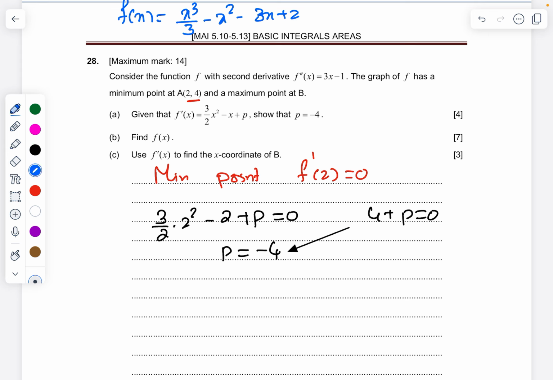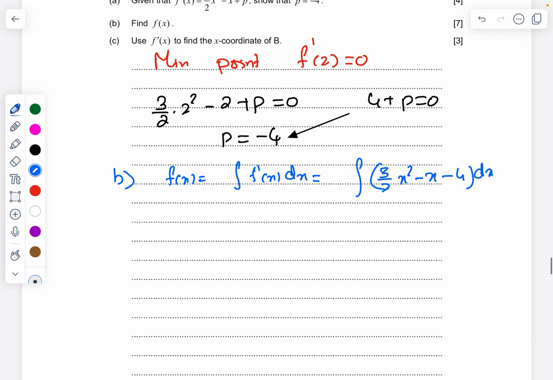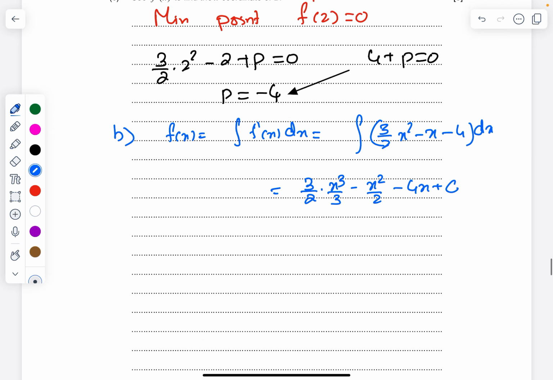Find f of x. If you want to find f of x, it is the integral of f prime x dx, which is the integral of 3 upon 2 x square minus x minus 4 dx. This is going to be 3 upon 2 times x cubed by 3 minus x squared by 2 minus 4x plus c.